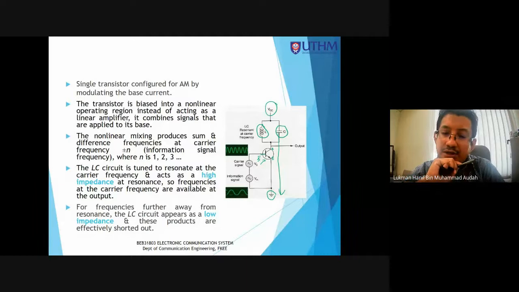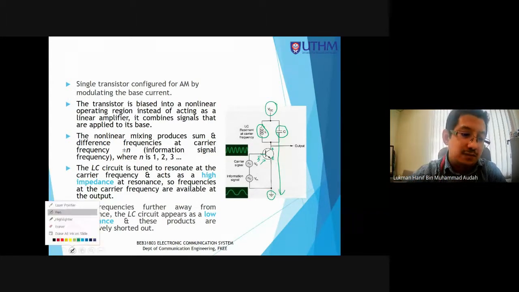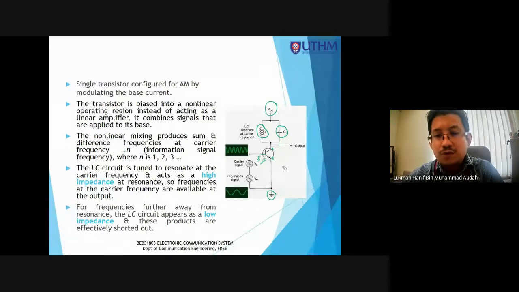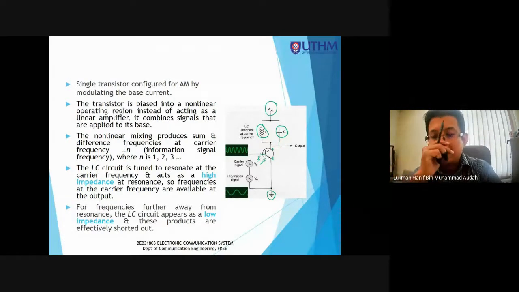And then when the voltage at the base falls below the threshold limit, the transistor will switch off. That means the current cannot flow from the collector to the emitter, so it is like an open circuit.